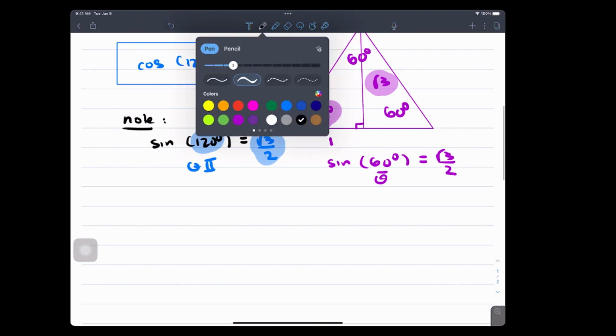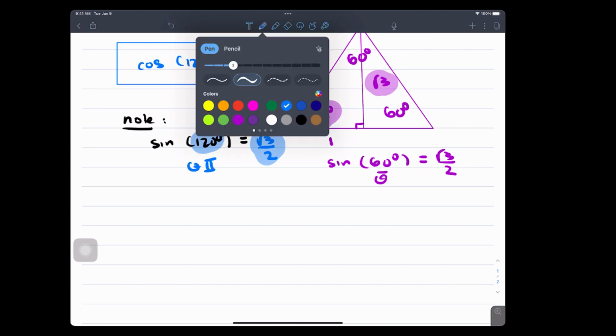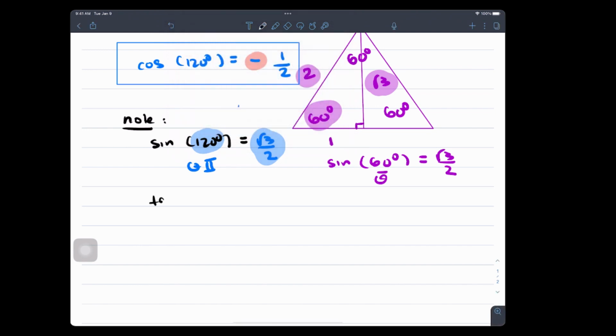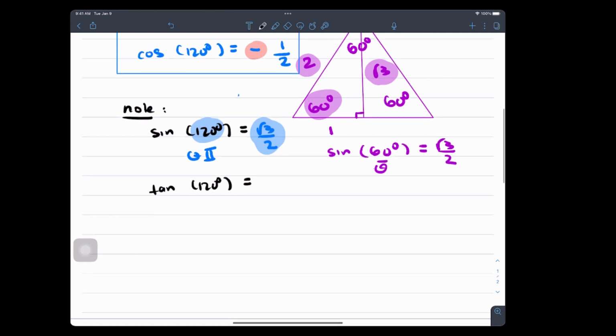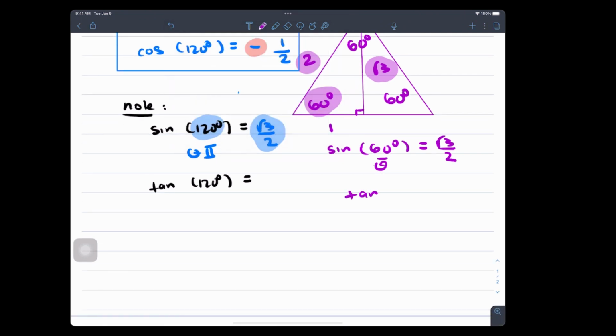So they can ask you the same question. Let's see if you can put this together. A note, what is tangent of 120 degrees? Well, you need to know the reference. What's tangent of 60 degrees? Go back to geometry. What's the definition of tangent? Opposite over adjacent. Isn't that going to be just the square root of 3?